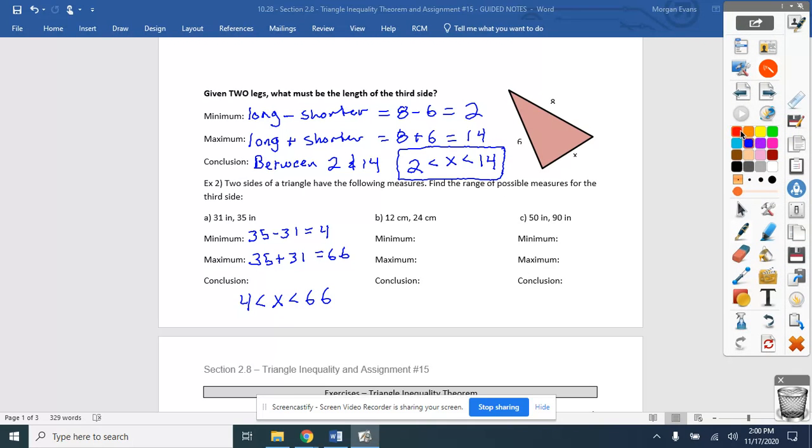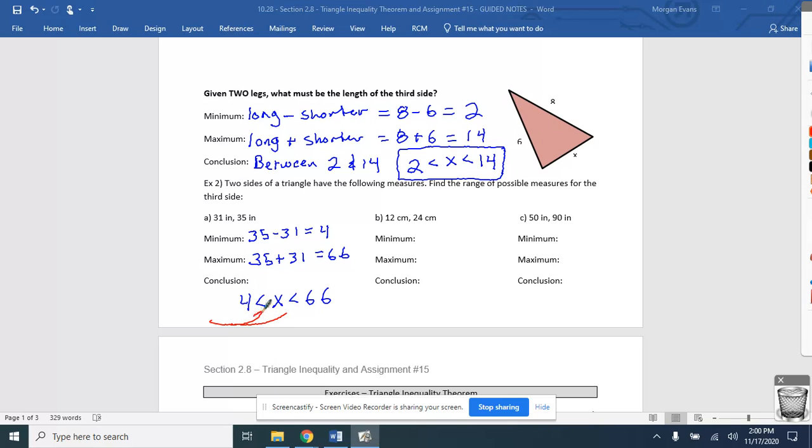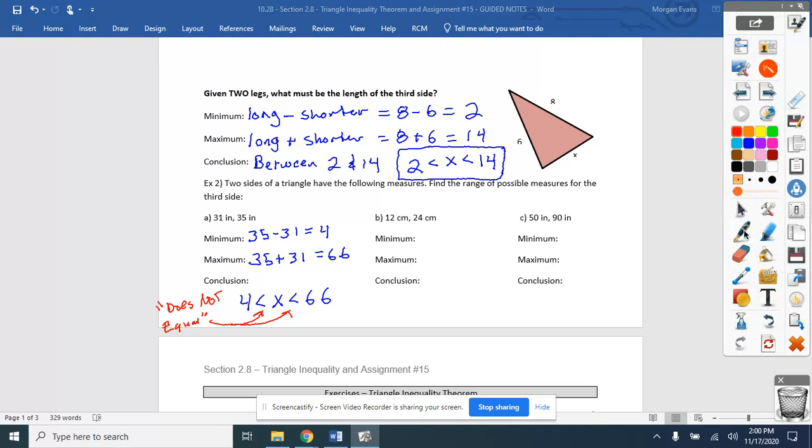Big thing here. Remember, we have just less than here, meaning it does not equal. We cannot be equal to those measures. It has to be in between those measures.